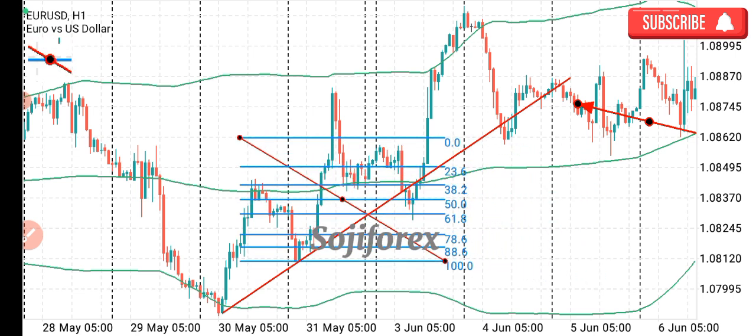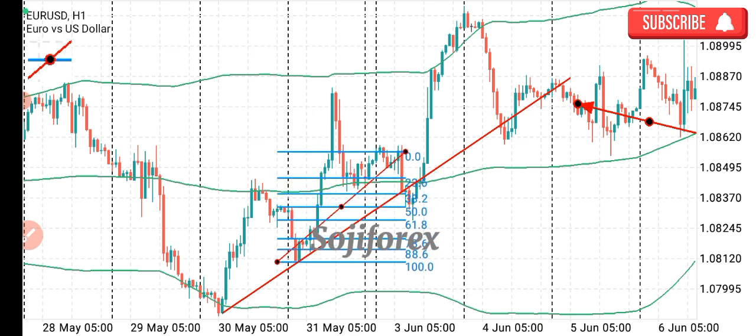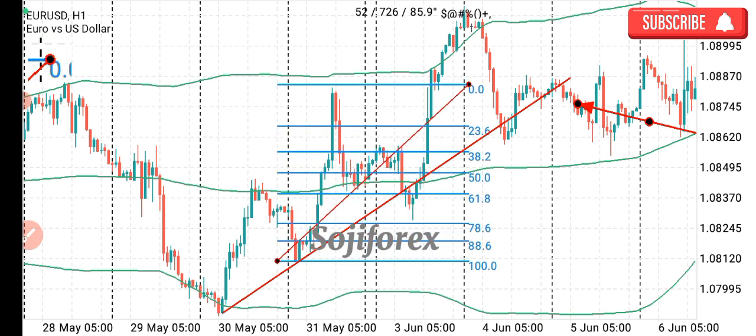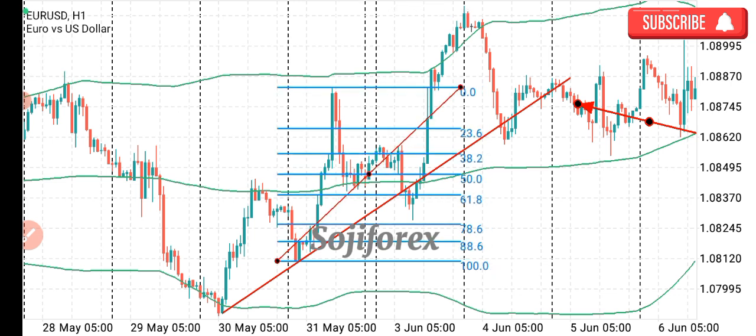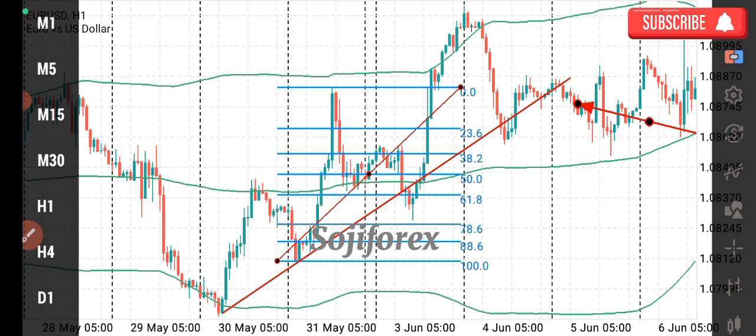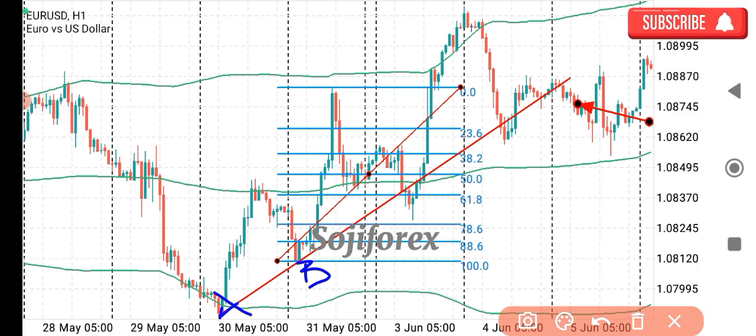So you will connect your levels in this way now. So this is your point B, the low of it, and to the high of it. So what that implies is that you are connecting, because here is our point A and this is our point B, that help us to connect our trend line.